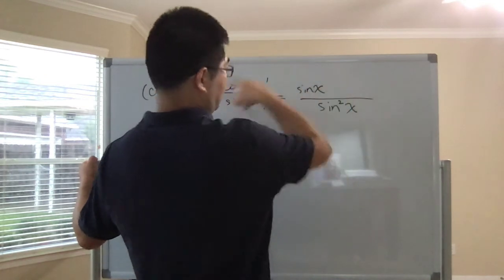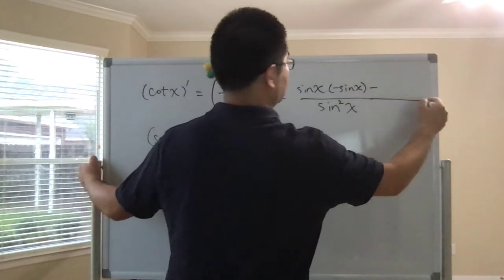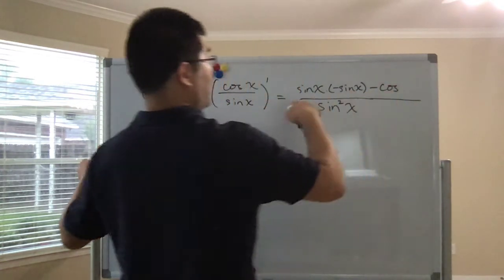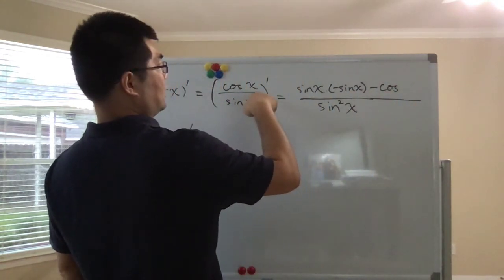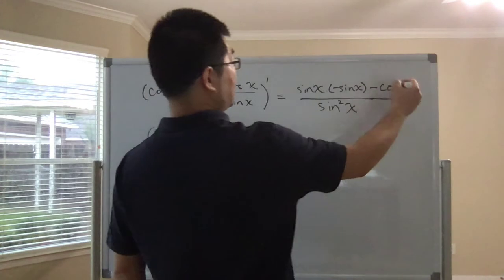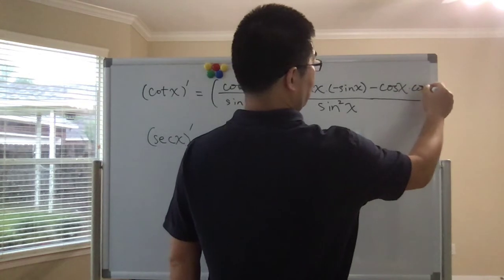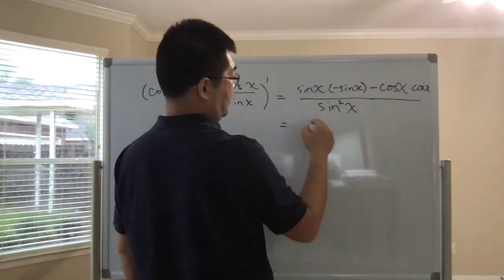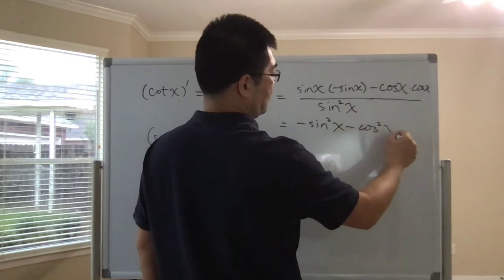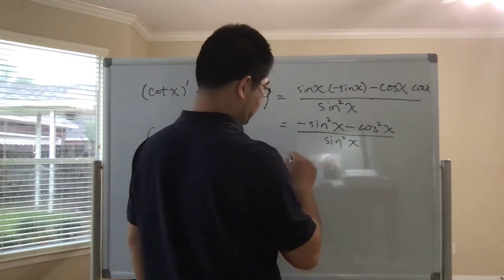Low times d high, the derivative of cosine, is negative sine of x, minus high times d low, which is cosine of x times the derivative of sine of x, which equals cosine of x. We have negative sine squared x minus cosine squared of x over sine squared of x.